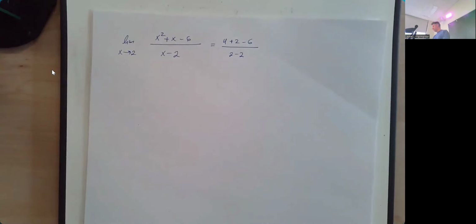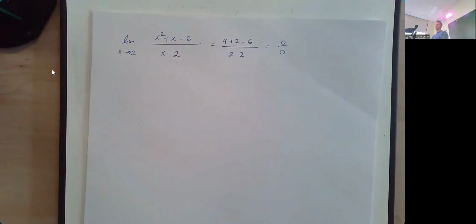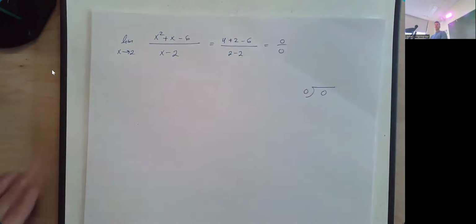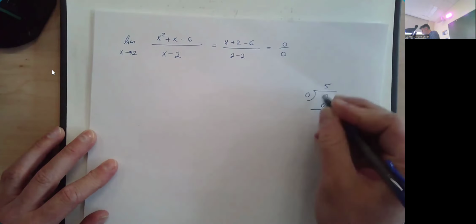When I plug in 2, I get 4 plus 2 minus 6 over 2 minus 2, which is 0 divided by 0. And what's 0 divided by 0? Good question. It's anything you want it to be. Really? How many times does 0 go into 0? 5. 5 times 0 is 0. 0 minus 0 is 0.